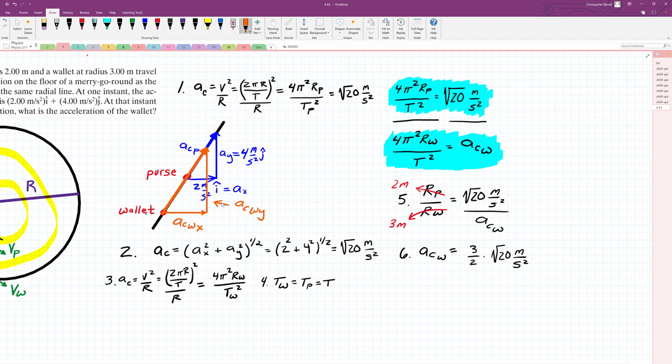So once again, this orange triangle is a right triangle. My hypotenuse is the centripetal acceleration of my wallet. And notice that I have similar triangles. That blue triangle is similar to that orange triangle.